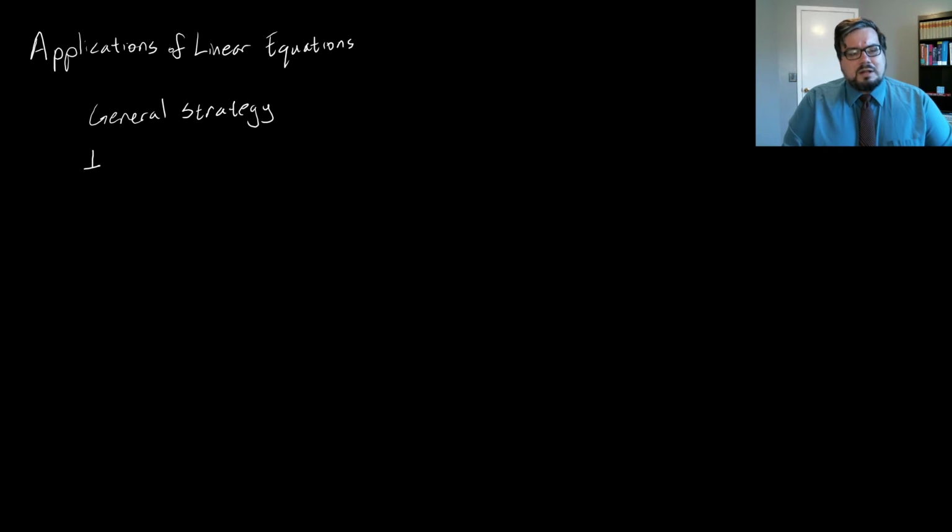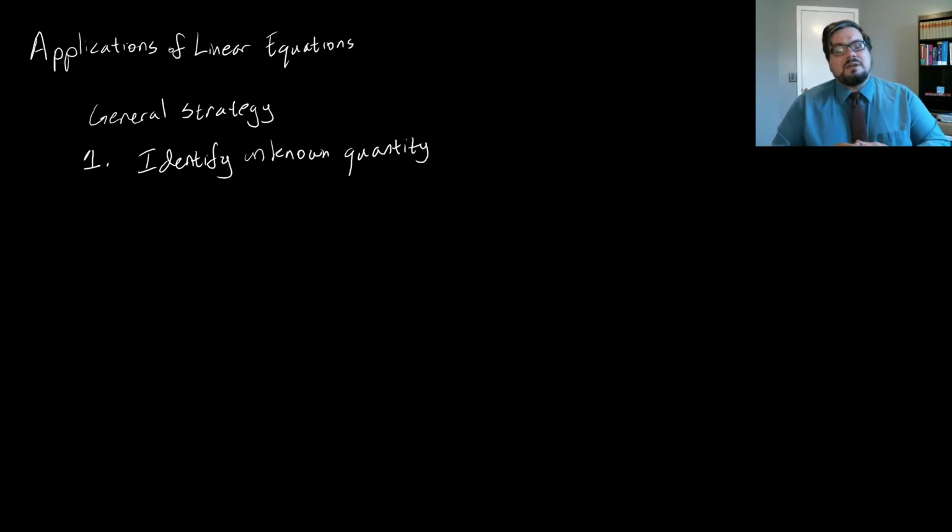So part one is we want to make sure to identify the unknown quantity. That is the quantity that the problem is asking us to find. Whenever we're working on a problem like this, we'll be wanting to figure out how many of something will work, how much of something do we need, something like this.